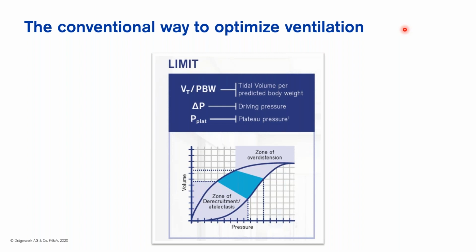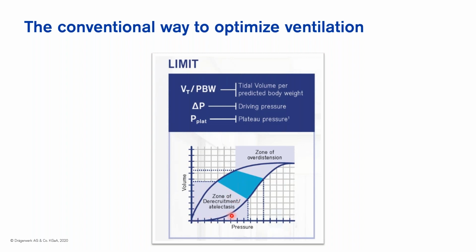Basically, those are all the global parameters that we can get from the ventilator. And if we have a connection to the patient monitor, we of course have the information about the SpO2 as well. And we would try to ventilate our patients within this safe ventilation zone.